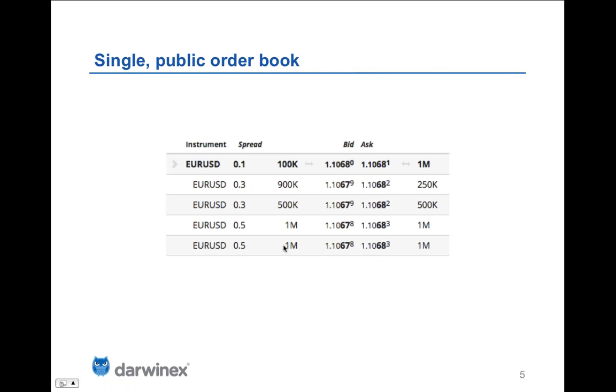So what's the importance of this single public order book? Well, basically, an order book is a fancy way of calling a two-sided queue, where the guys who want to buy something queue up on the bid, and the guys who want to sell something queue up on the ask in descending versus ascending order. So the bid and ask of the 2 guys that are closest to each other make up the market price.